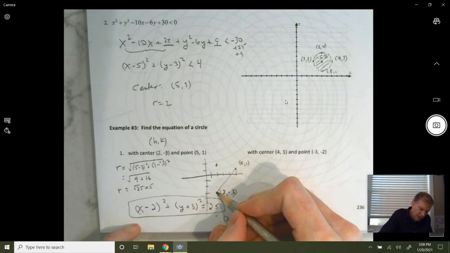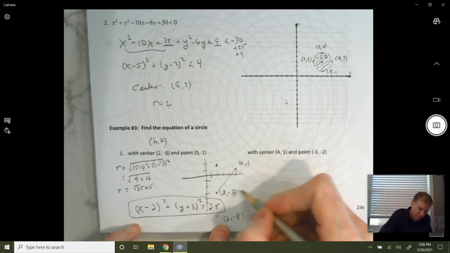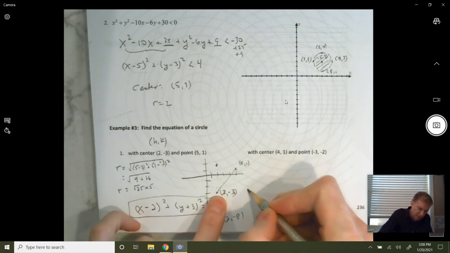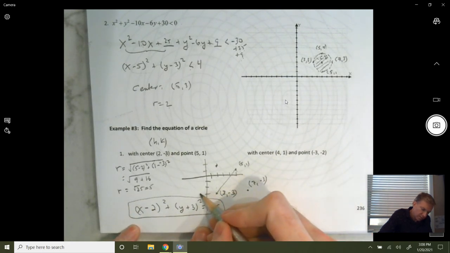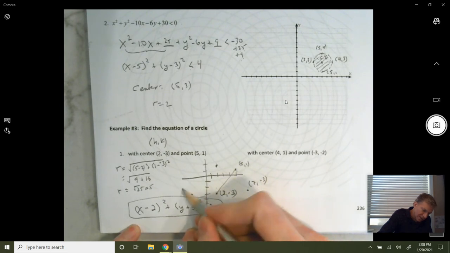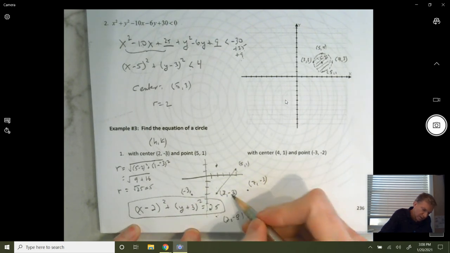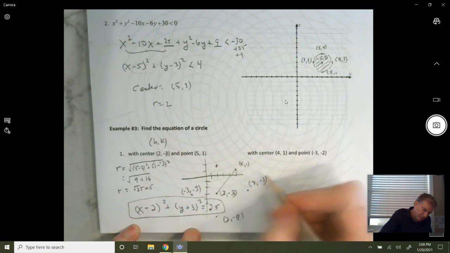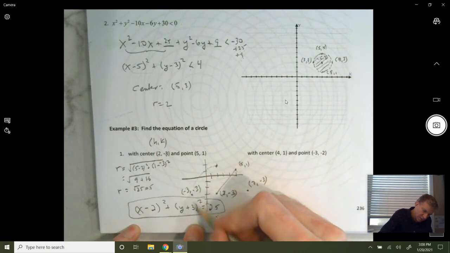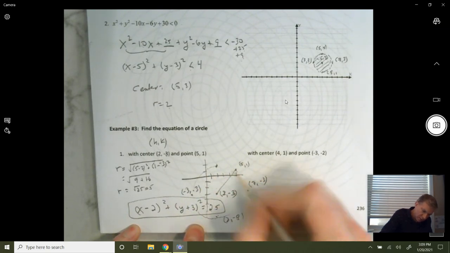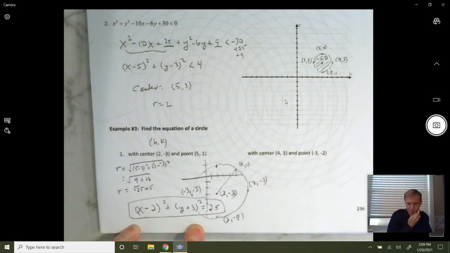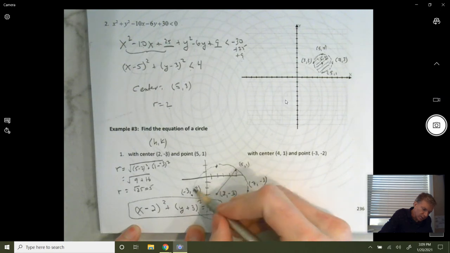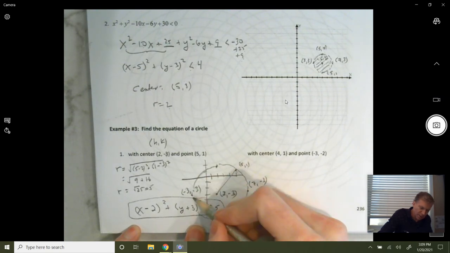I go right 5, 1, 2, 3, 4, 5. So my x is going to be 2 plus 5, 7, -3. I go left 5. So I'm going to be at (-3, -3). And there's your circle. Oh, I'm drawing my circle right over my answer. That's okay.